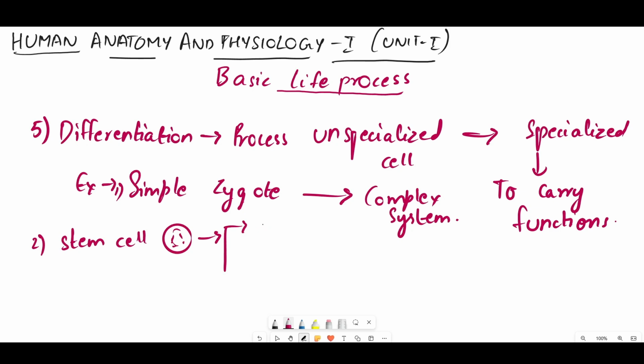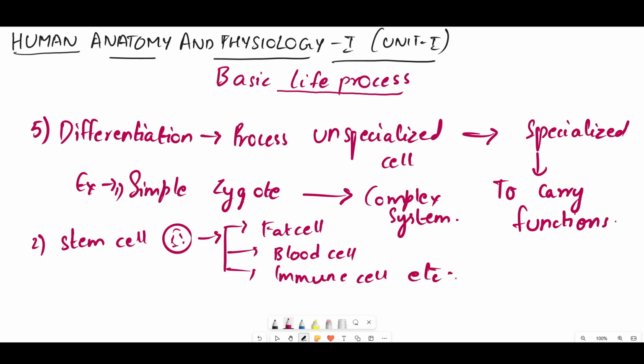It can form a fat cell, a blood cell, or an immune cell, etc. So differentiation is the process in which an unspecialized cell converts into a specialized cell in order to carry out distinct functions.